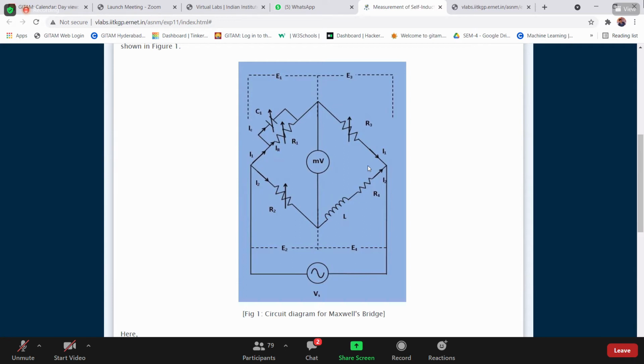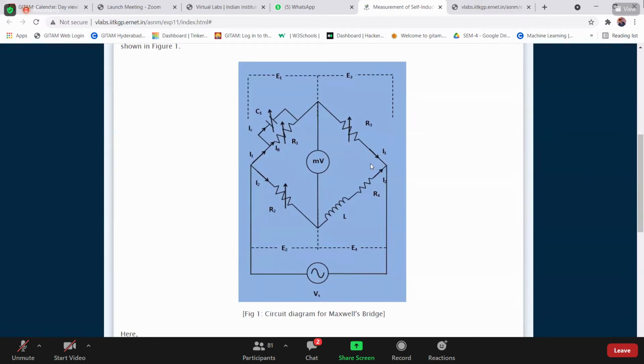Voltmeter or ammeter? Voltmeter. Which type of input are we using, AC or DC? DC, sir. No, AC. So you can see the symbol here.